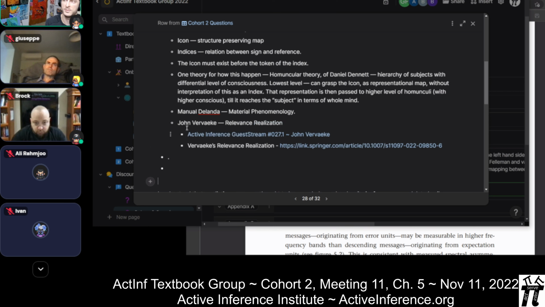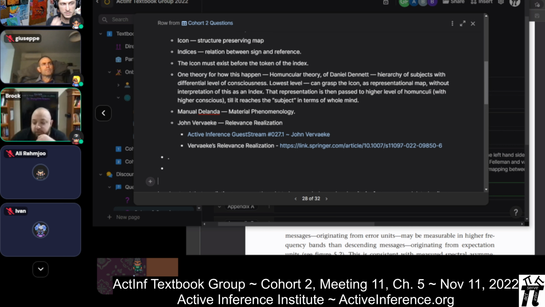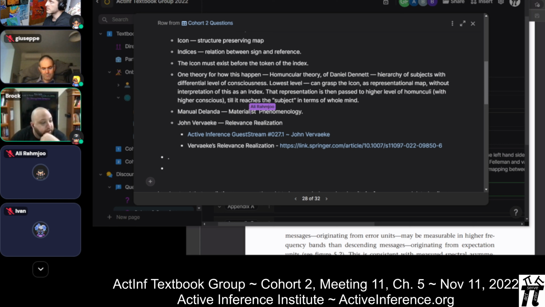Brock, how do you see it related to Vervaeke? I mean, relevance realization is very roughly like opponent processing. I don't really understand the fundamentals of precisely how that would work in a neurological, physiological sense.